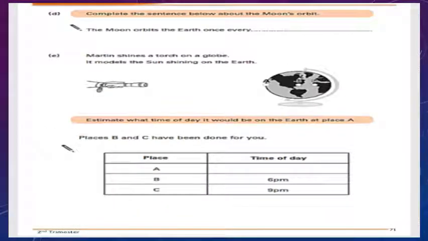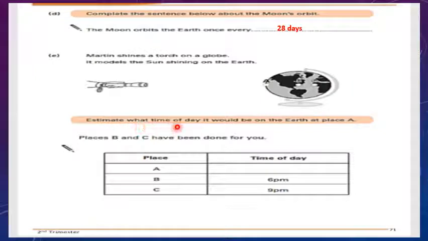The next question says, complete the sentence below about the moon's orbit. The moon orbits the earth once every, do you remember the number? Every 28 days, yes. The next one, Martin shines a torch on a globe. It models the sun shining on the earth.